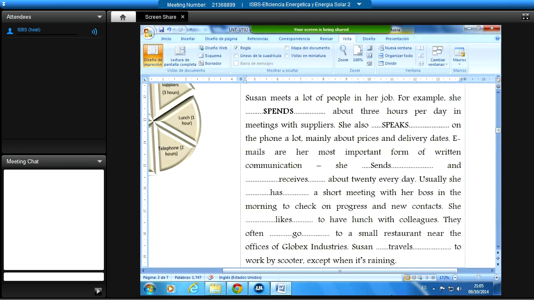So instead of saying go by car, travel by car, which is correct, but it's more natural, more common to say drive, walk, instead of travel by plane, fly.